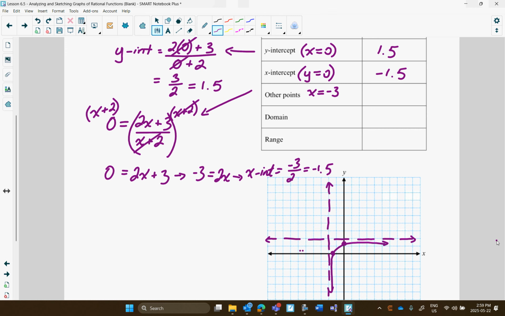So I have to plug negative 3 in. So y equals 2 times negative 3 plus 3, divided by negative 3 plus 2.